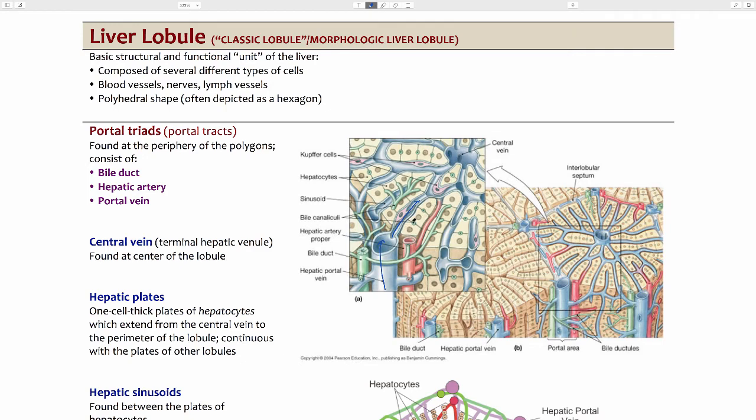But on the way, it's going to encounter these cells right here, the classic liver cells called hepatocytes. The hepatocytes will take nutrients out and put things in to this little blood flow. So this is essentially like a giant filter. It's not actually filtering through the cells, although the cells are actively transporting and then secreting into this flow.